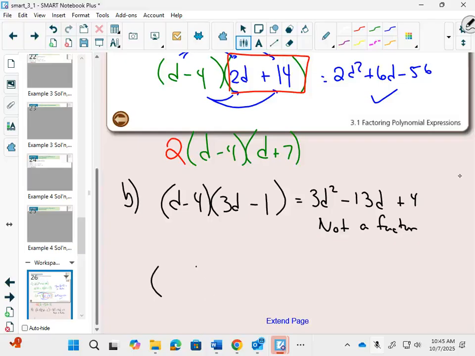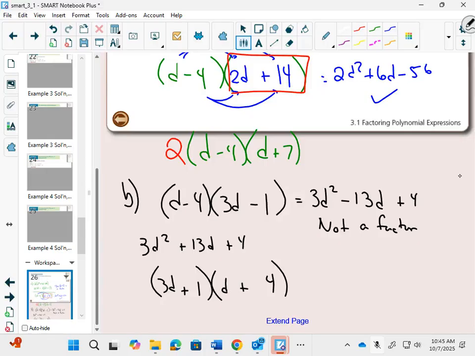Method number 2 is we actually factor it. If I need the 3d squared, here I'll write it out. It was 3d squared plus 13d plus 4. If I want the 3d squared, it has to be 3d and d. If I want a 13, you see you need a 4 here and a 1 there. And it needs to be a plus 13, so they both have to be plus.